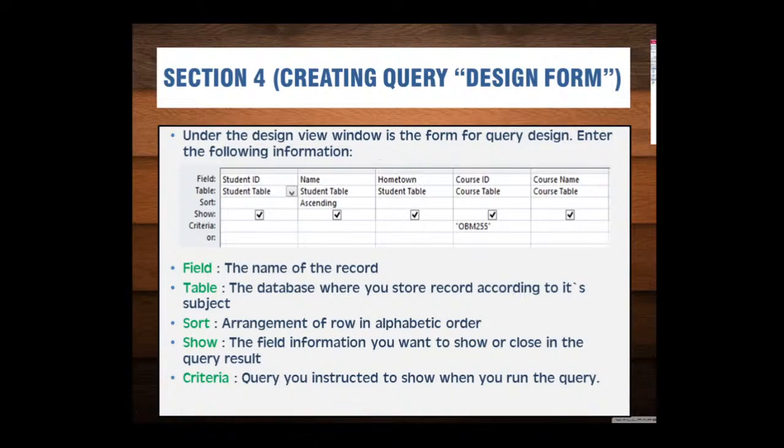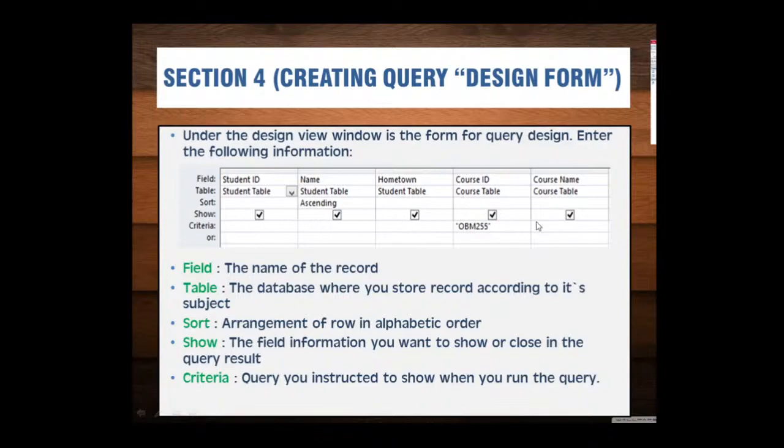Field, for example student ID, is the name of the record. Table is the database where you store records according to subject. Sort is an arrangement of rows in alphabetic order, for example ascending from A to Z or descending from Z to A.